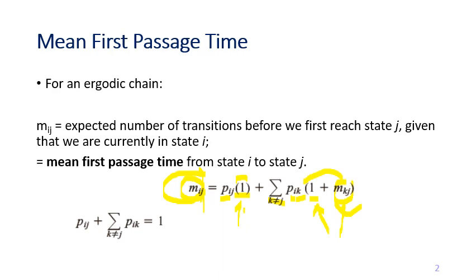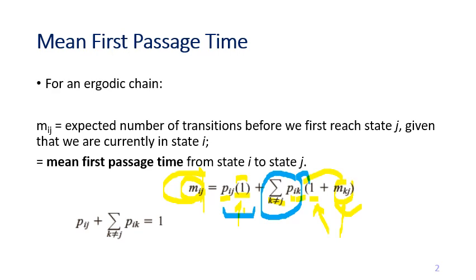Now, if we multiply this, let me change the color. If you multiply this sigma Pik with 1, and then sum it up with the previous term, you will get the relation that Pij plus the sum of Pik for all k that is not j must equal 1.